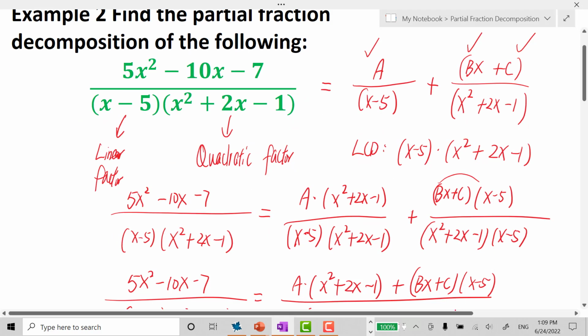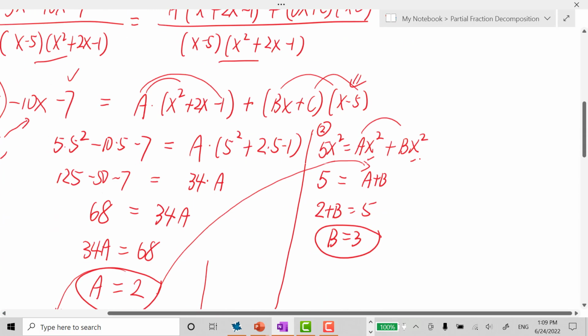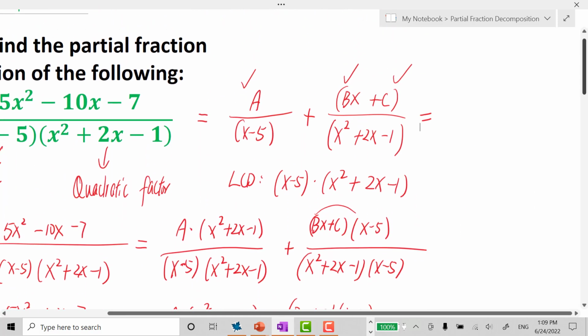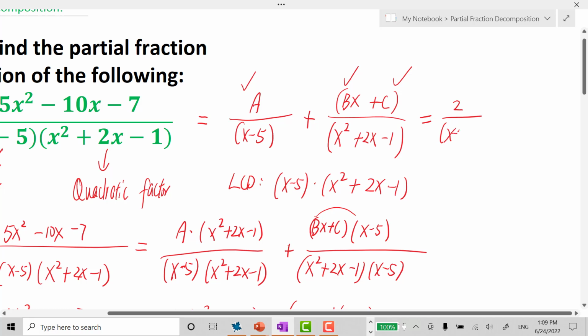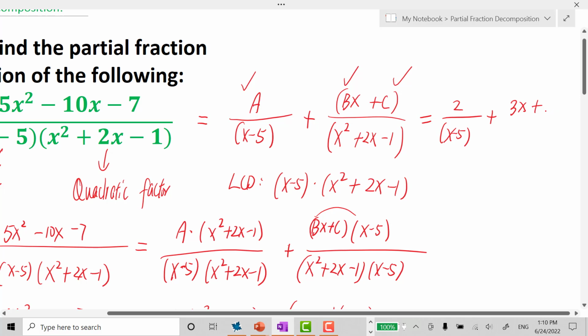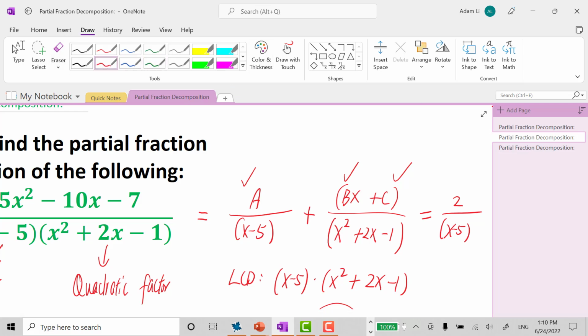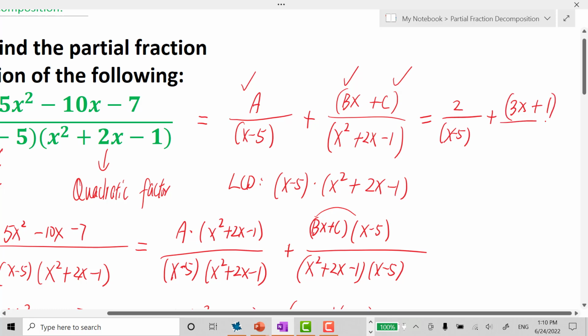And eventually we're going to write the result. Right? So the result here is actually equal to a is 2, so this is equal to 2 over x minus 5. b is 3, so 3x, c is 1, adding 1, over x squared plus 2x.